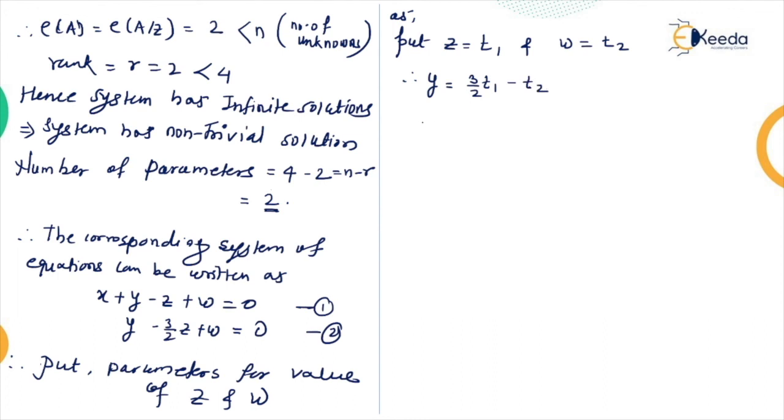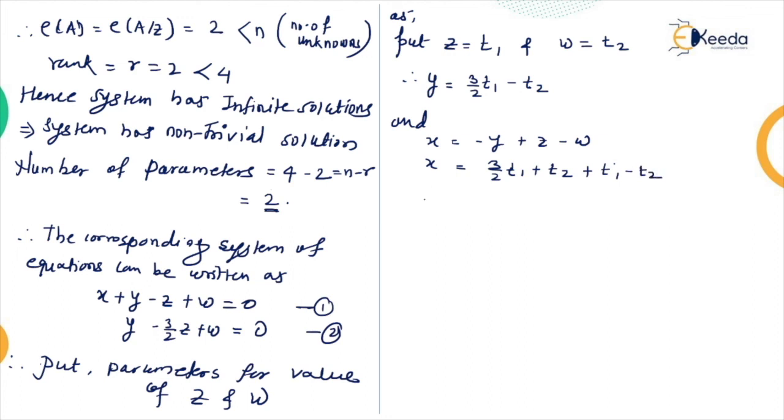This is the value of y, and now the value of x. X is nothing but minus y plus z minus w. So this can be written with y as 3 by 2 t1 minus t2, and the minus minus becomes plus t2, plus t1 minus t2.